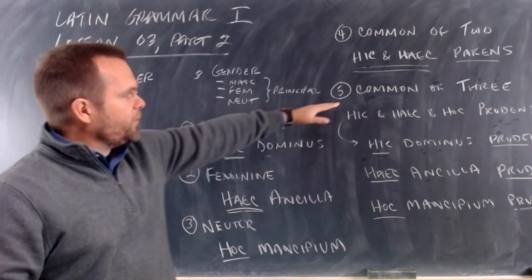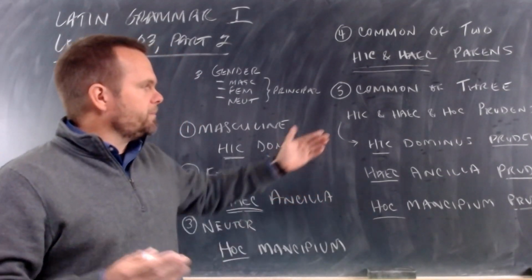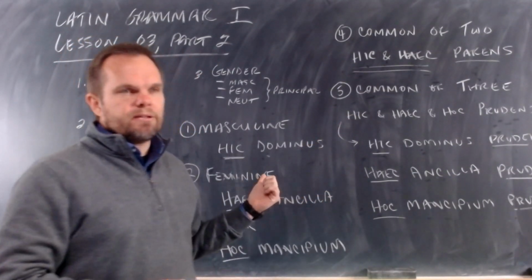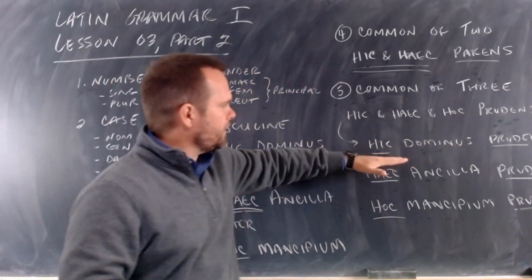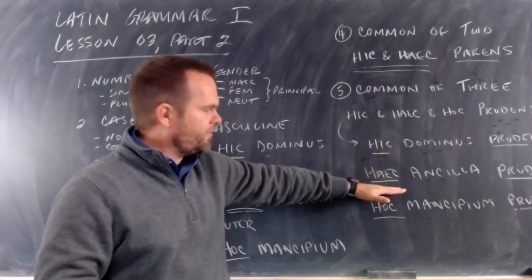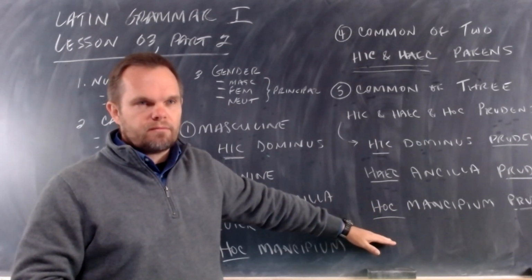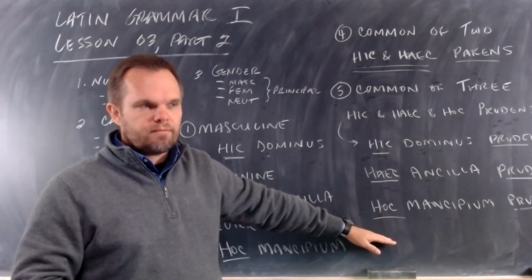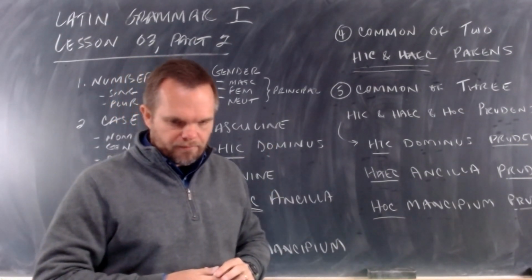And then fifth, we learn common of three, which again is not a different gender, not new, but simply a combination of the primary genders. We can have a word like prudens, which can be masculine in one place, feminine in another place, and neuter in another place. Common of three. So we've learned 5 genders so far.